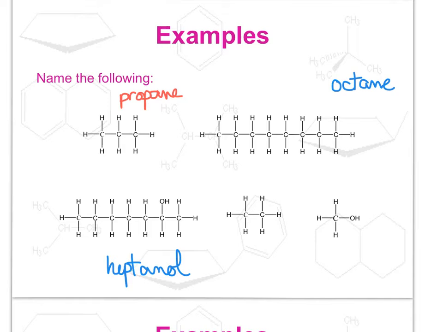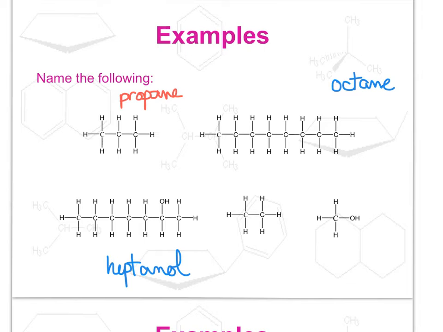Now, this heptanol is a special heptanol because it differs whether your OH is here or here or here. And so we have to specify, like if I give you this name, you would know there's 7 carbons. You'd know you have an OH, but you wouldn't know where to put it.